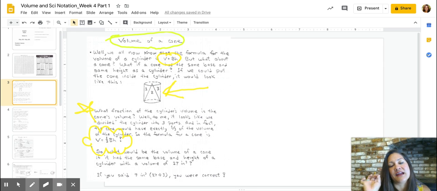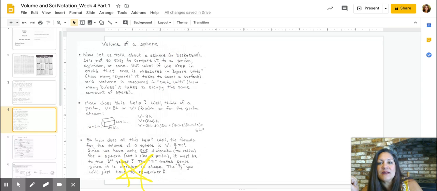It's going to be the area of a circle, pi r squared. Okay, so what would be the volume of a cone if it had the same base and height of a cylinder with the volume of 27 inches cubed? So if you said 9, you were correct, because that's going to be the 27 divided by 3.